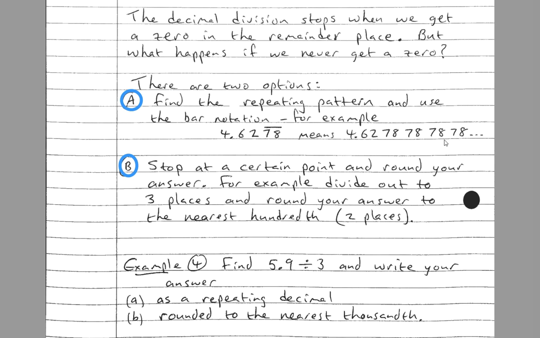If you can see that the pattern is definitely repeating, you can write that decimal like this: 4.62, and then with these 7 8s repeating forever. You just put a bar over the group that's repeating. So that's one option.